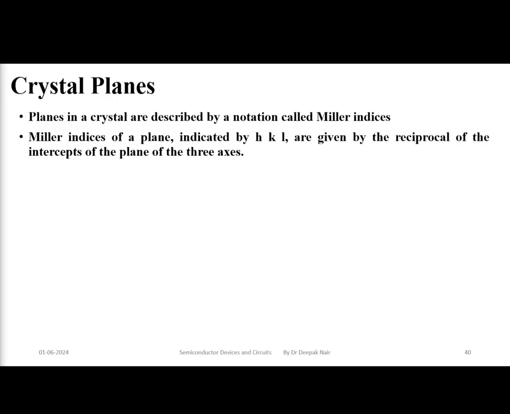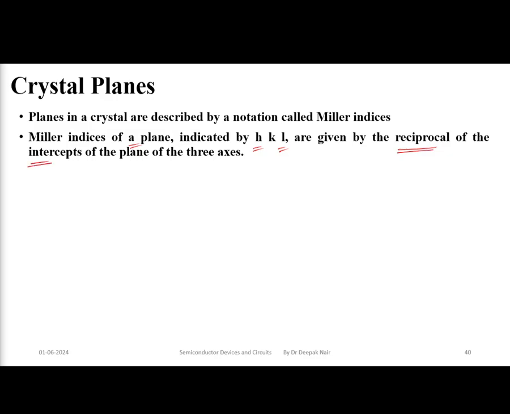Now let us talk about the crystal planes. Planes in the crystal are described by the notations given by the Miller indices. We have seen the planes in the previous slides also. Miller indices of a plane are indicated by HKL notation, and these are generally given by the reciprocal of the intercepts.